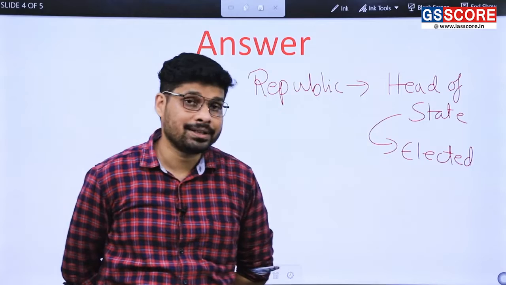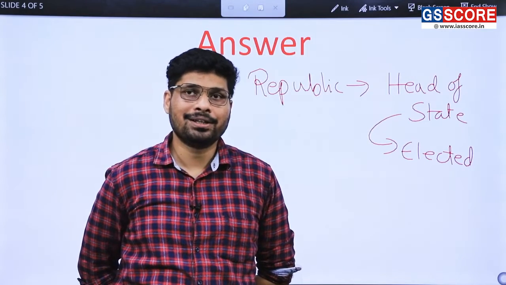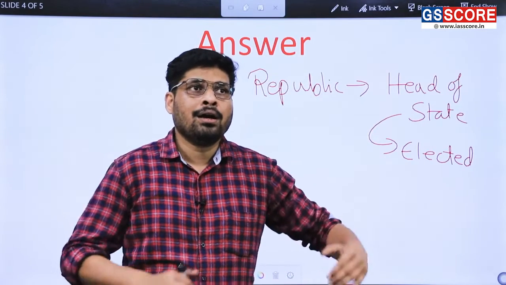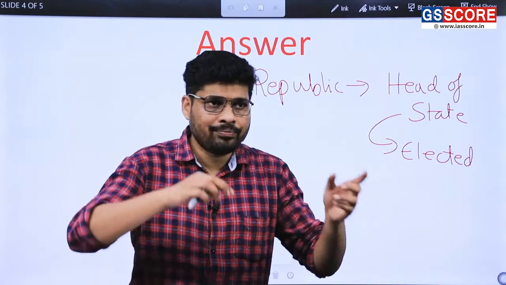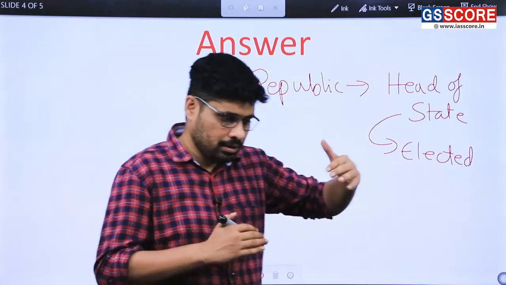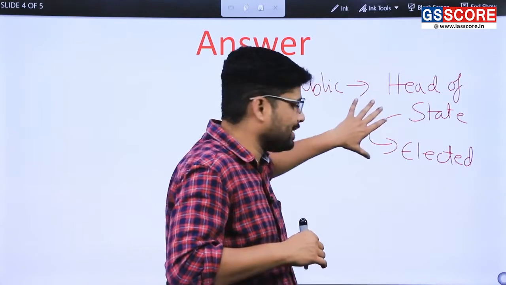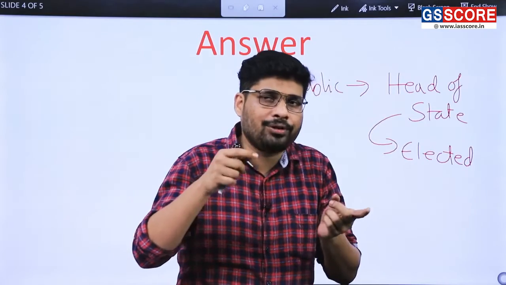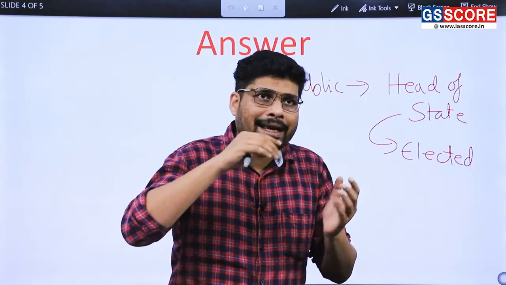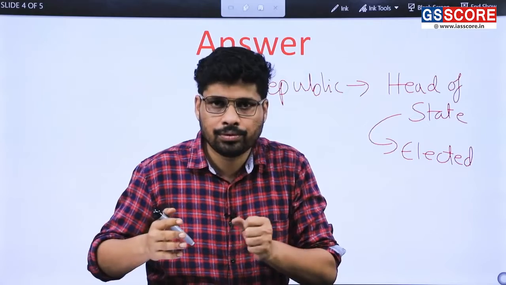India continues this tradition. President of India, look, our Republic, again here you have to state in the answer itself that the idea of the Republic of India is its own.